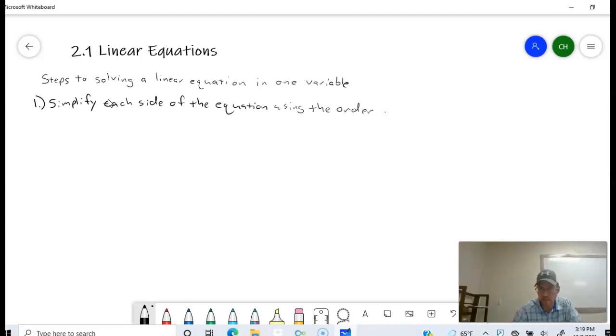Alright, so if you have like terms, you're going to combine like terms using PEMDAS or the order of operations.